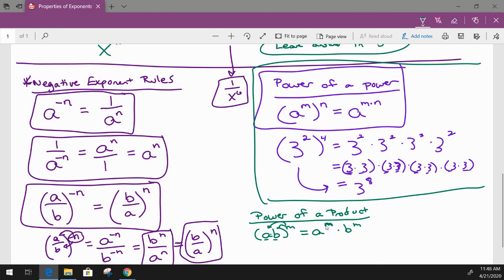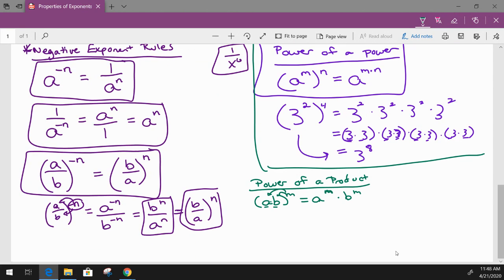Okay, so that is the rule that we're used to seeing. And then the other, the inverse of this, we also will use at times where if you have two different bases that have the same exponent, it may be beneficial for you to multiply those bases together and take it to that power.